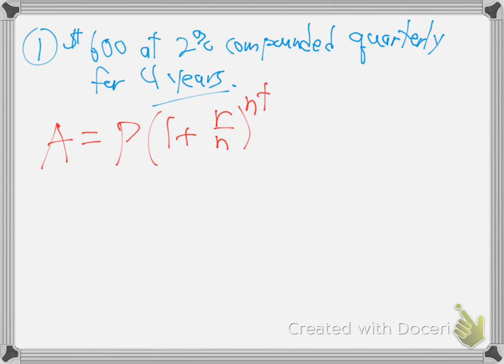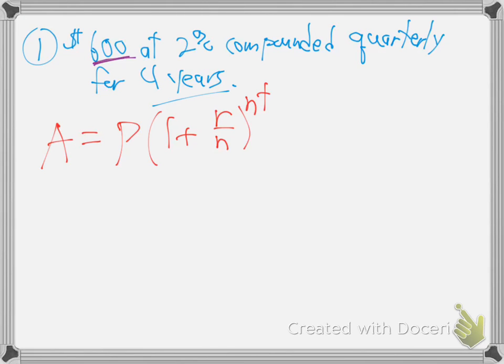So, would you have to convert percent to a decimal? Yes, you got to make that 0.02 for the r. It's got to be 0.02 exactly. So what's the 600 first off?